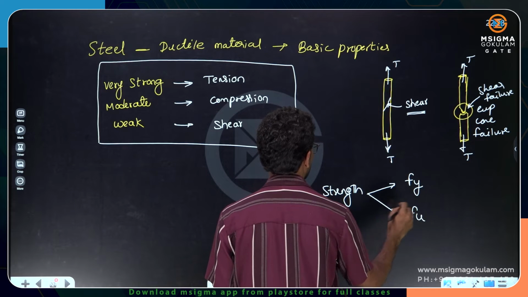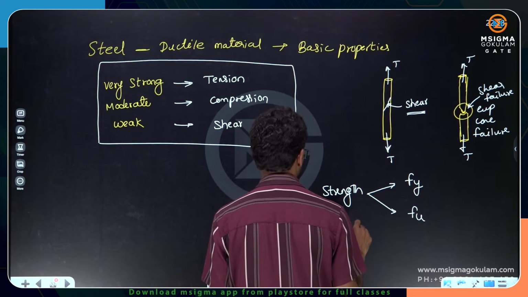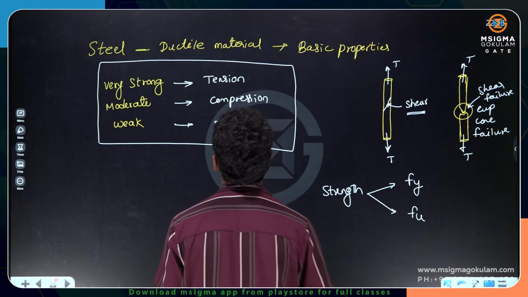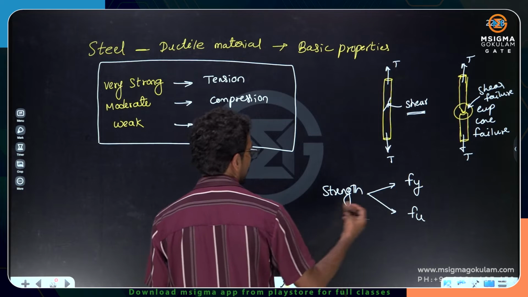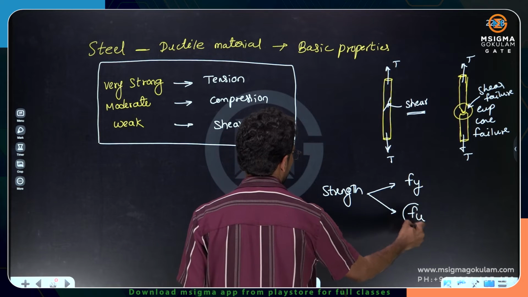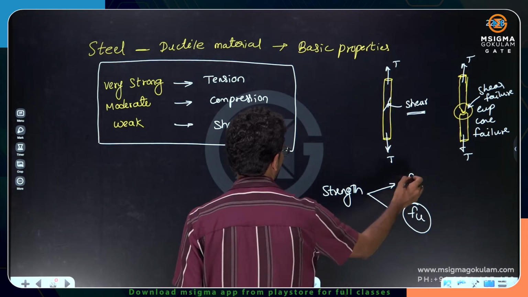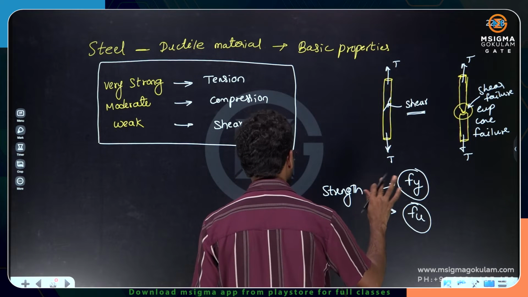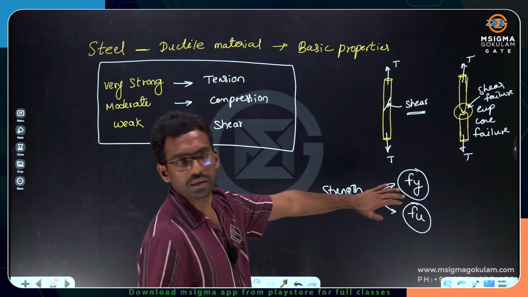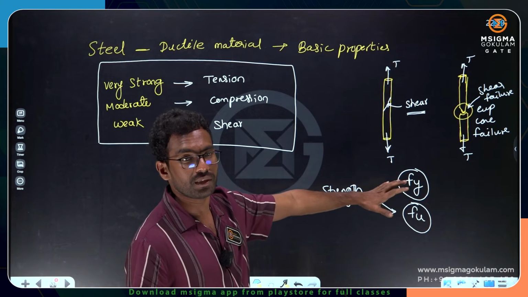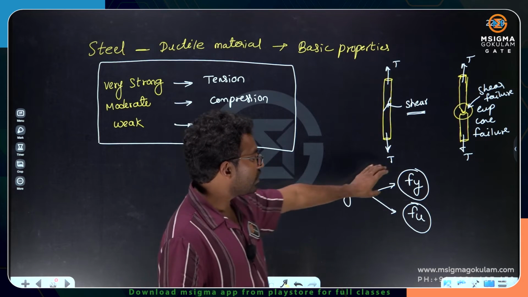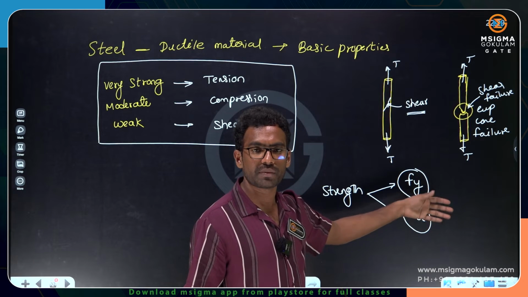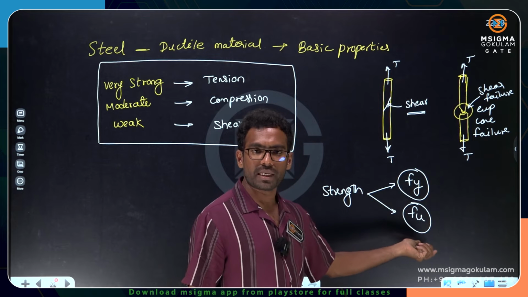Ultimate strength is the maximum strength a material can bear, and yield strength is the moderate one. Material does not fail generally at yielding; it is almost like elastic behavior. That is why in design we go for the yield stress in most circumstances. In exceptional cases we can go for the ultimate stress as well.